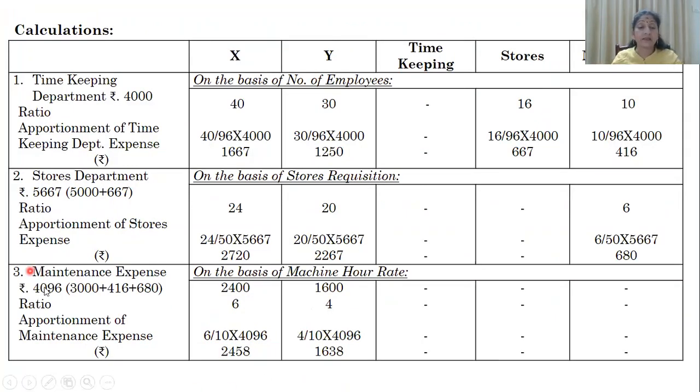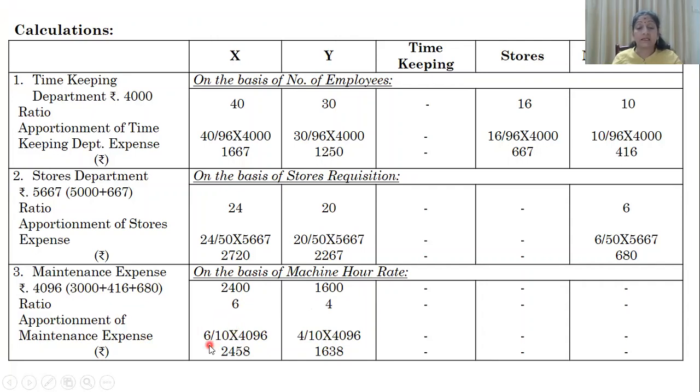Maintenance expenses 3,000 plus 416 plus 680, 4,096 total. Then on the basis of machine hour rate, the ratio is 6 is to 4, only 2 departments. Apportionment of maintenance expenses to only the production departments. This is the sequence.